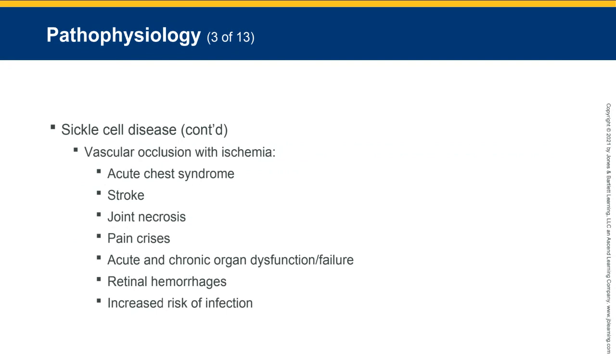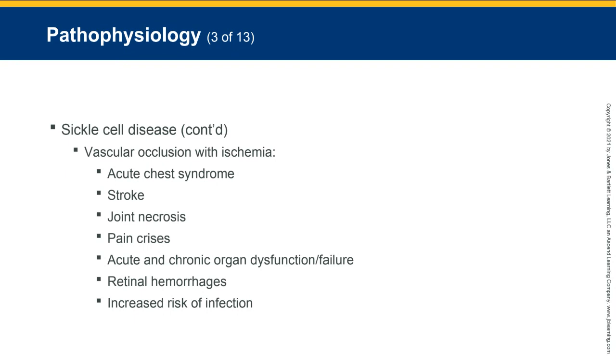Now, sickle cell disease can lead to vascular occlusion with ischemia. Remember the term, ischemia means reduced blood flow to a particular area. And this can lead to acute chest syndrome, so they can actually present like they're having a heart attack. They're at risk for stroke. They can have joint necrosis, that's rotten.